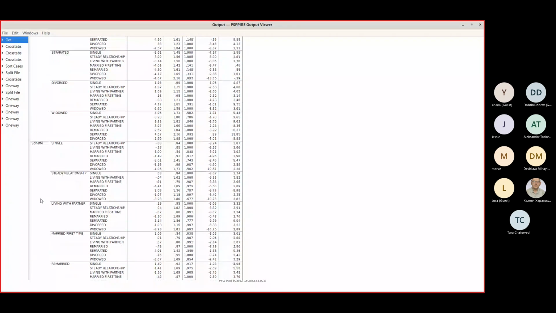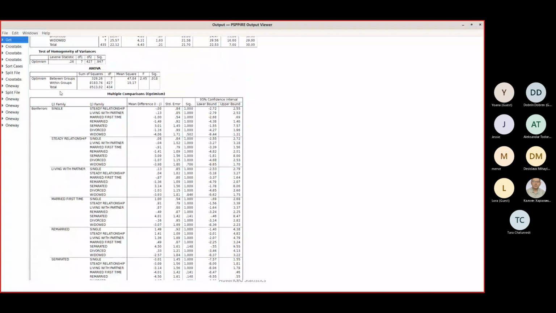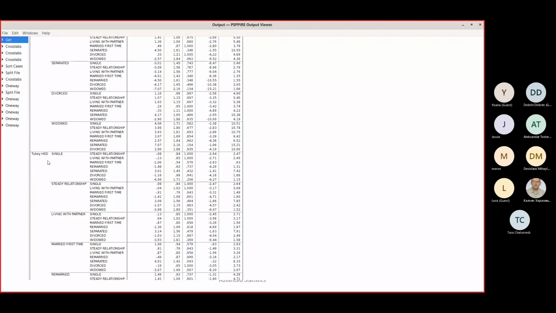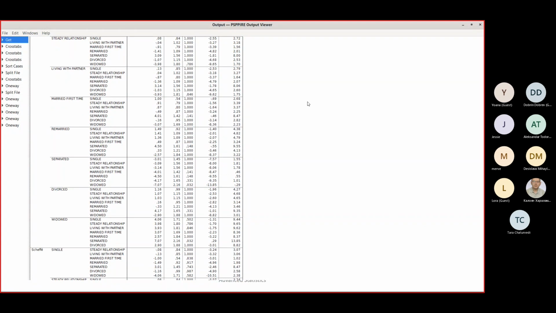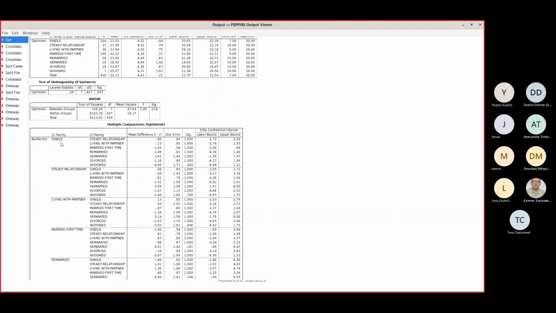First Bonferroni, then Scheffe, then Tukey, and the pairs are here. We compare single with steady relationship, then single with living with partner, then single with married first time, and so on and so on.